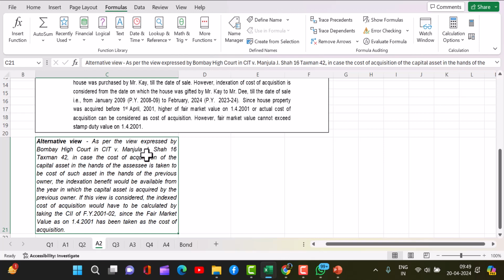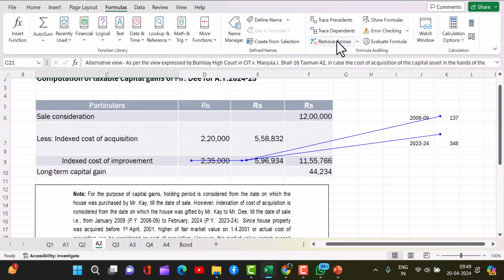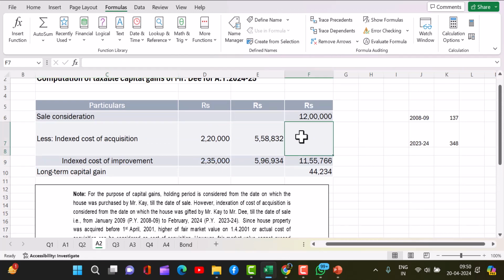Fine, but you can always take this view also, in any part of the country, unless it is challenged by the department. Sometimes the department will not raise anything on you, or maybe you can just get away by filing a return, because there's only a 1%, 2% chance that your case will come under scrutiny.